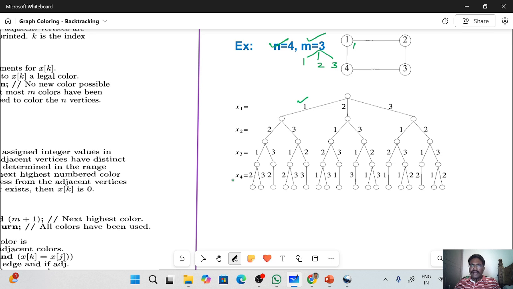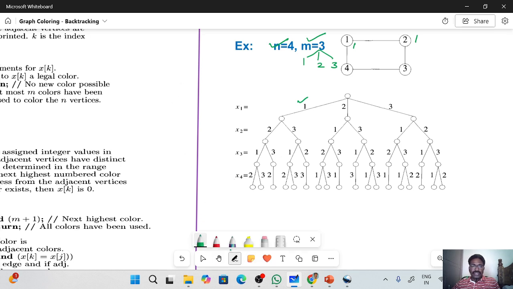I must try all possibilities, so I go with the first label, that is 1. When I consider the second vertex color label is 1, I first check whether it is a legally valid color or not. How am I going to decide whether it is a valid color or not? I am going to consider the solution vector also.